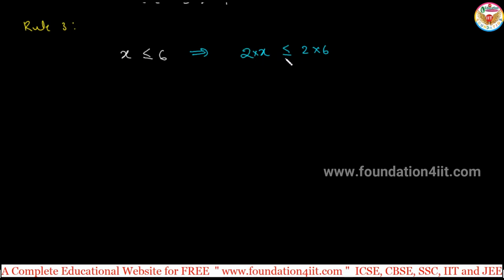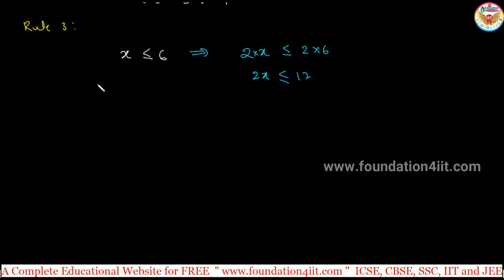If I multiply 2 on both sides, 2 into x is less than or equal to 2 into 6. When the same positive number is multiplied on both sides, the inequality does not change. So this is 2x is less than or equal to 12.